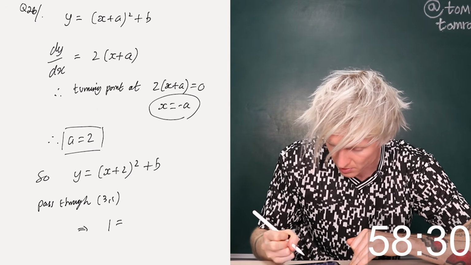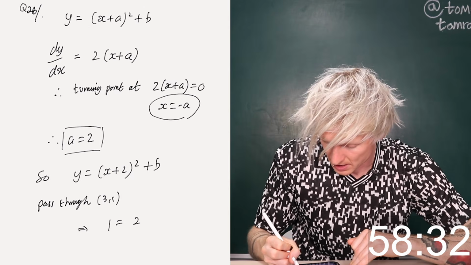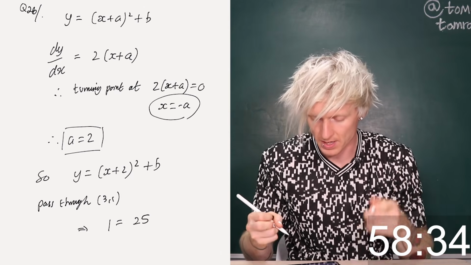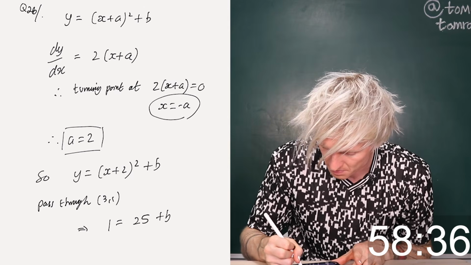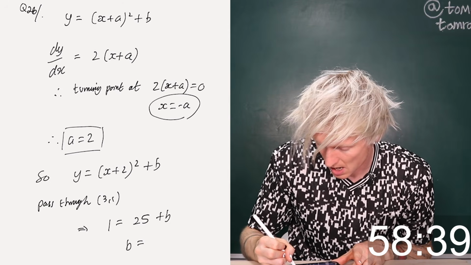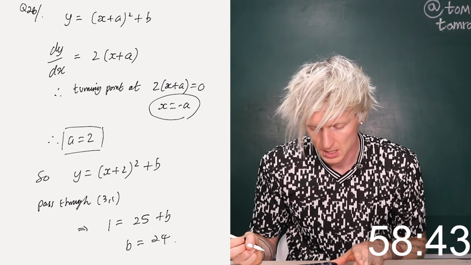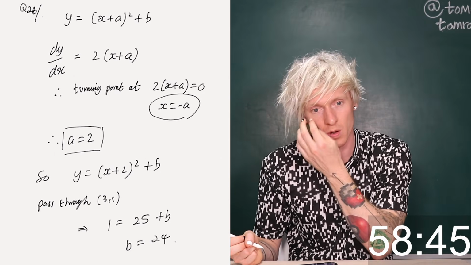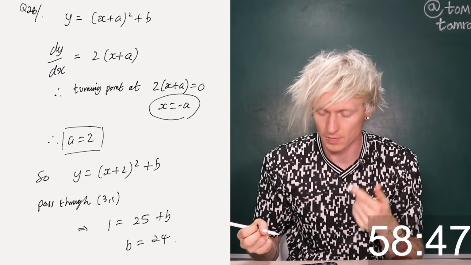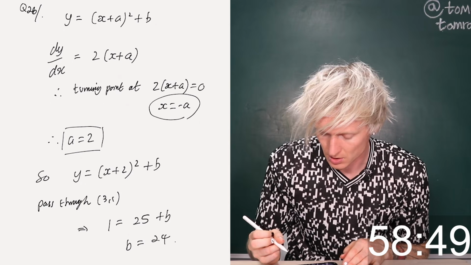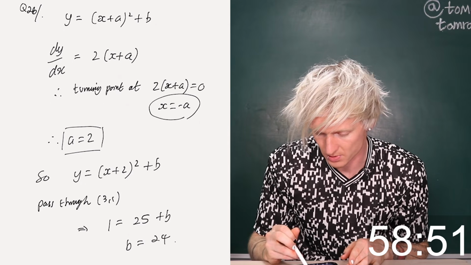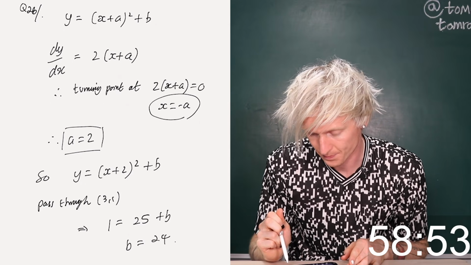So 1 equals 25, 3 plus 2 is 5 squared, 25 plus b, so b equals 24. Okay, and then we want to know the y coordinate of the turning point. So the equation is y equals x plus 2 squared plus 24.